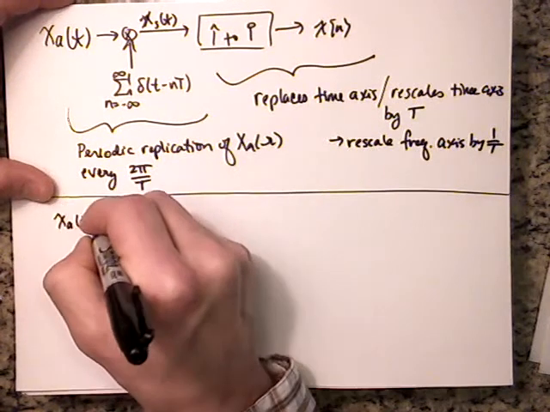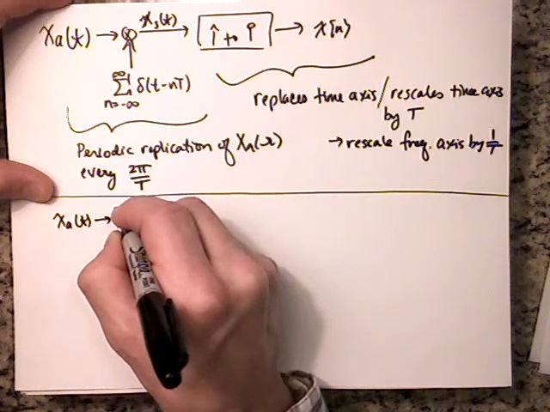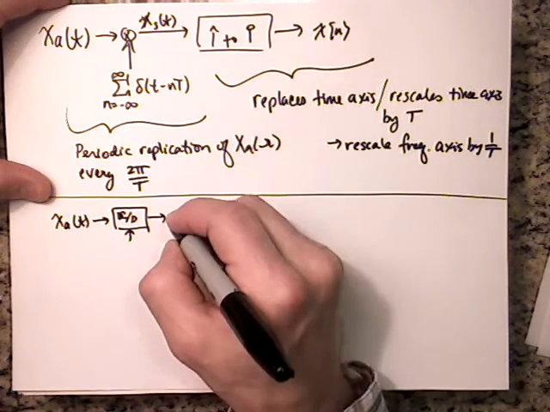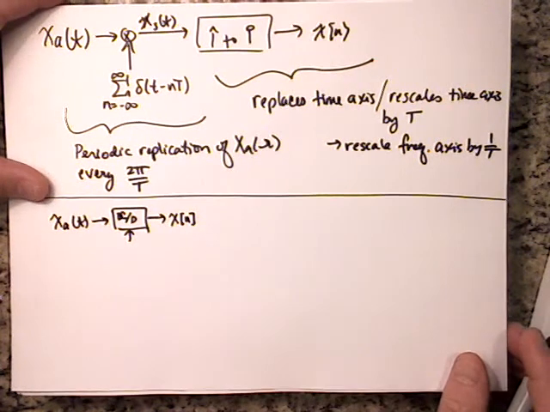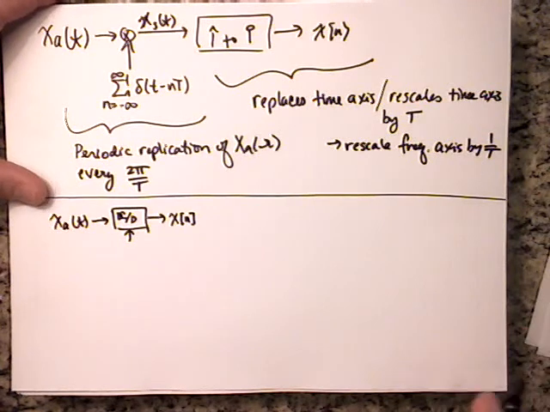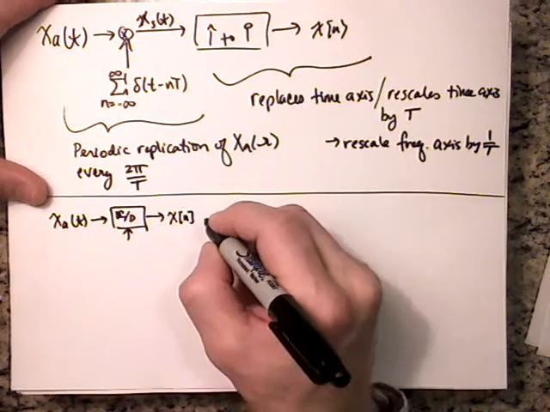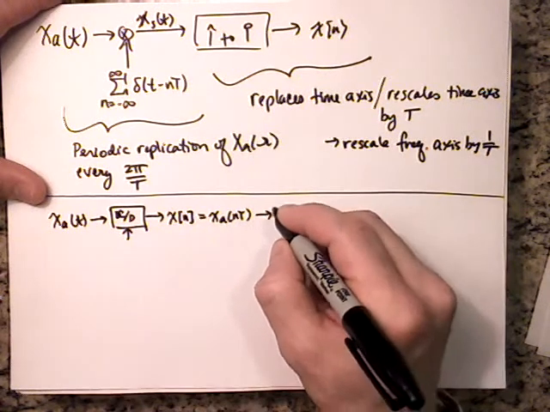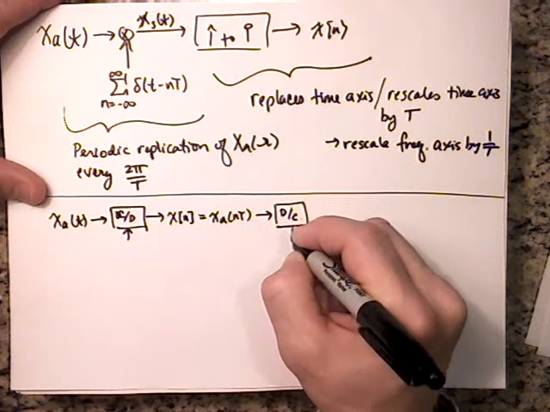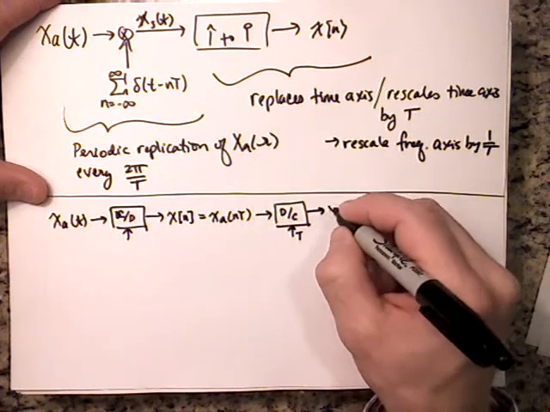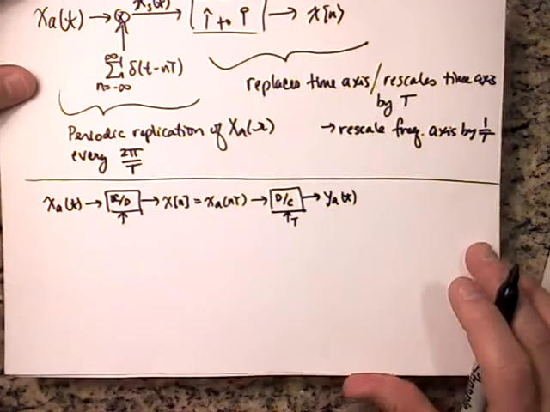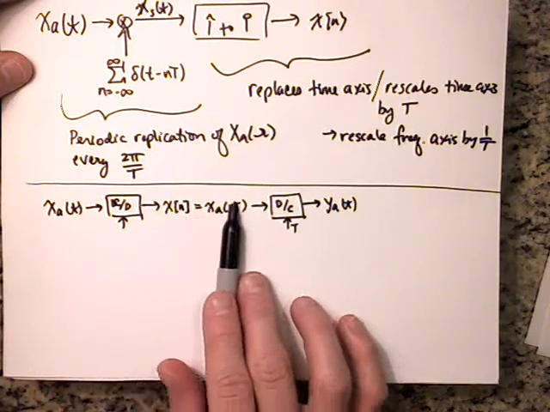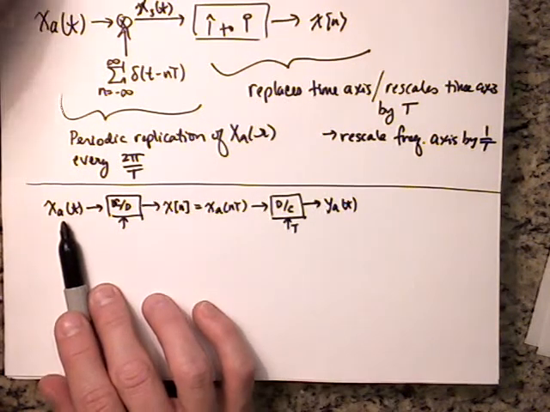If I have an analog signal xa of t and I sample it with an ideal continuous to discrete converter to give me the discrete time signal x of n, then if I take those samples and process them with an ideal discrete to continuous converter at rate capital T to produce analog signal ya of t, then I would hope that ya of t gives me back xa of t if I haven't done any processing to those samples and if the original signal was band limited to plus or minus pi over capital T.